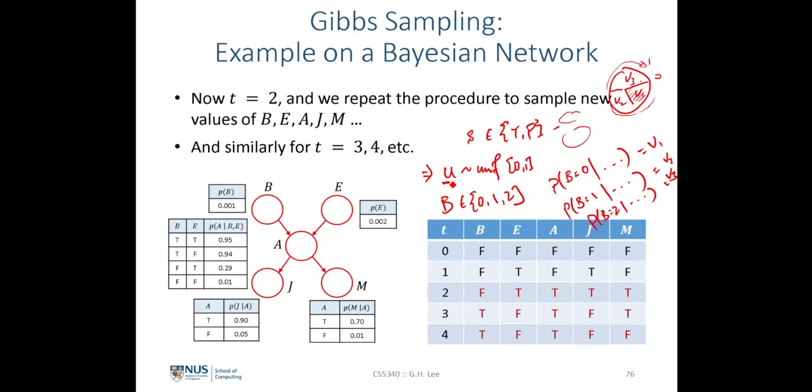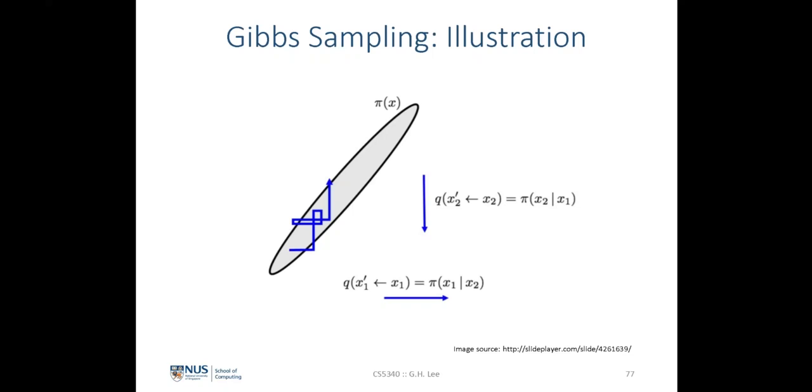We'll draw a sample of U within 0 and 1, and see whether U falls into any of these regions. Suppose that it falls into this region over here, then we will let the sample of B take the state of 3.